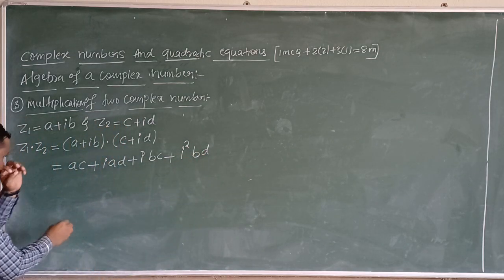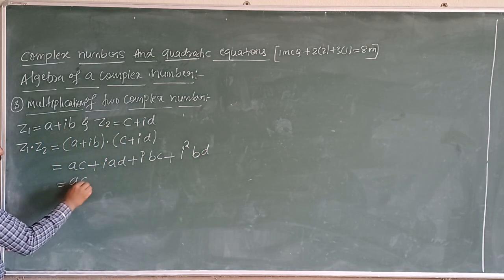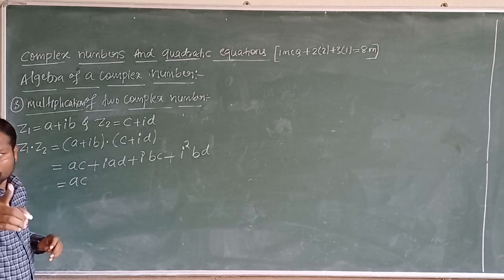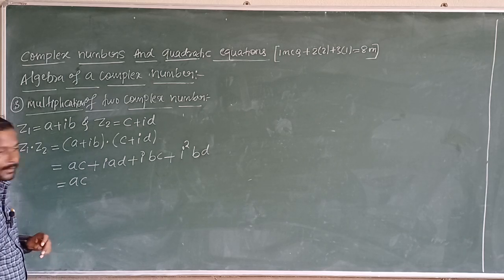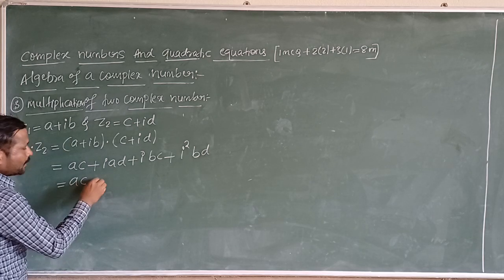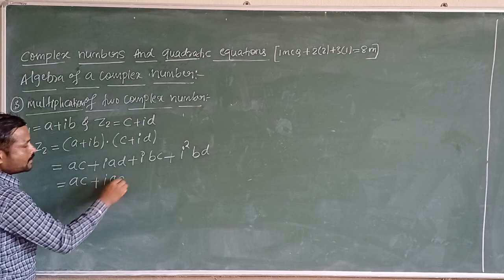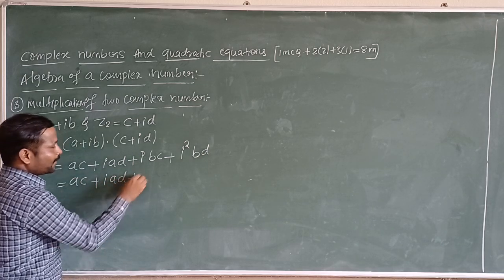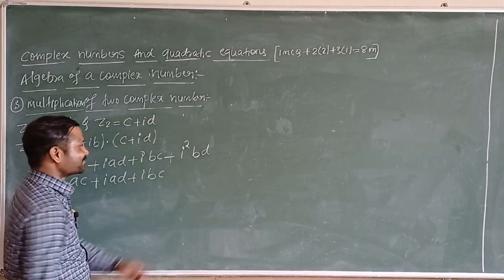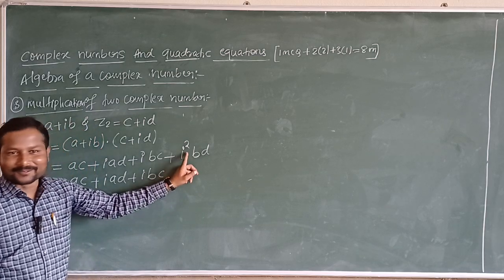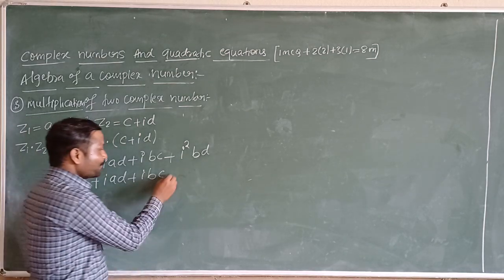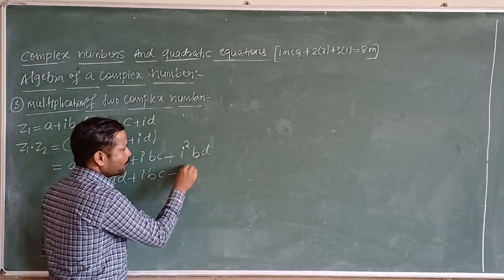Now ac is equal to, ac plus i ad as it is, plus i bc as it is. See here, i square value is minus 1, so minus 1 into bd.